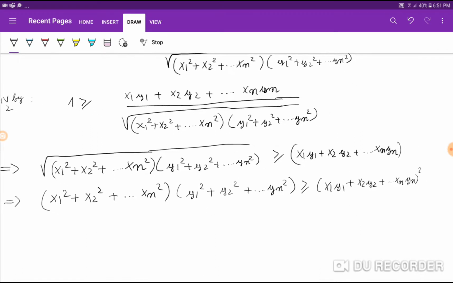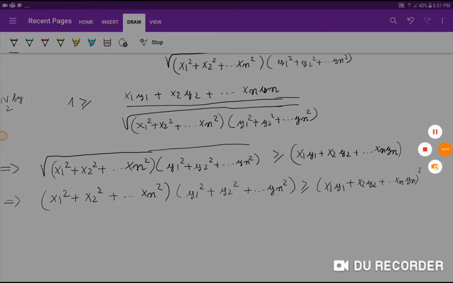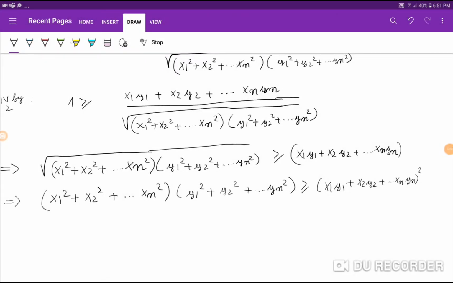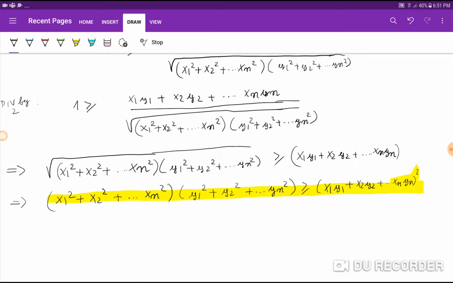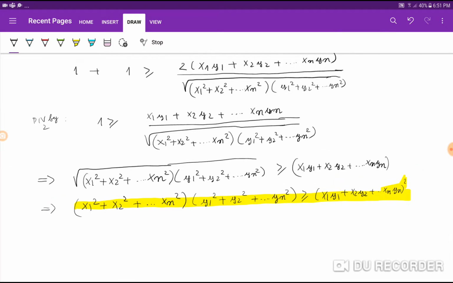Okay, and you know what this is? This is the Cauchy-Schwarz inequality. I just showed you how you got this guy right here. So that is the proof for the Cauchy-Schwarz inequality.